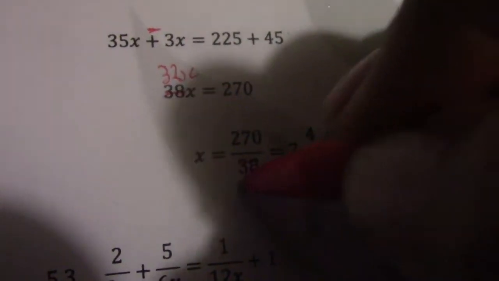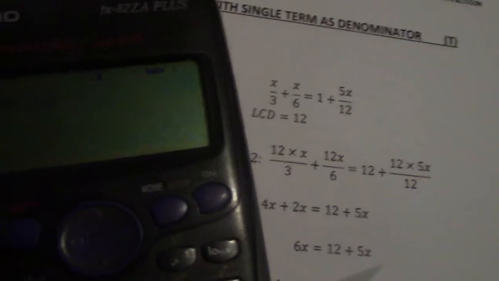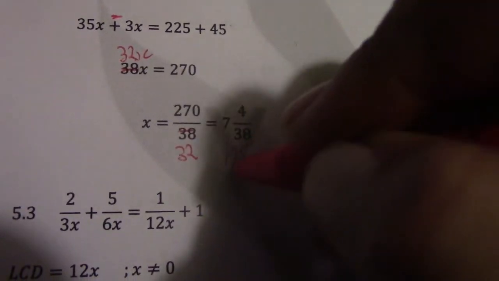That becomes 270 divided by 32. So you look here, 270 divided by 32, I can simplify this to 135 over 16.